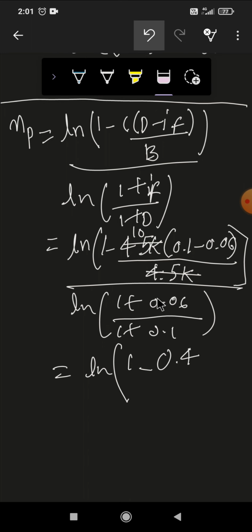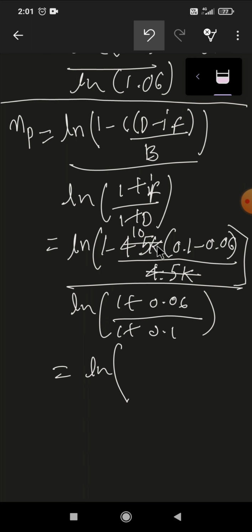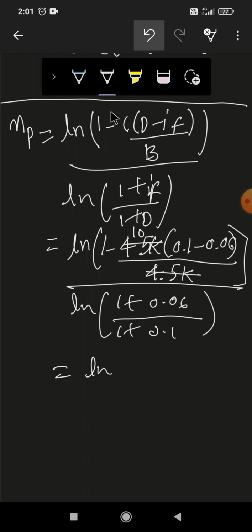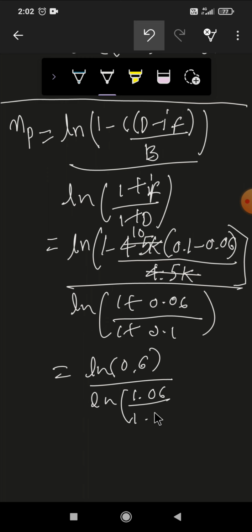This will be ln 0.6 divided by ln of 1.06 divided by 1.1.